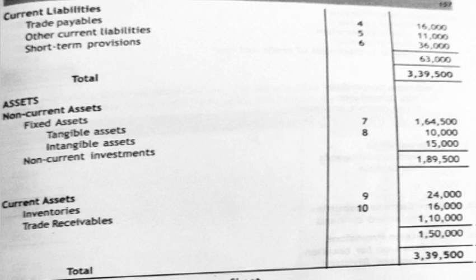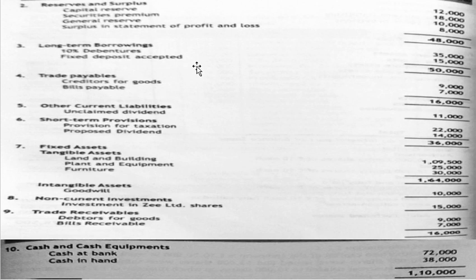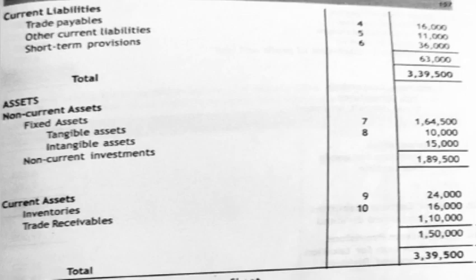Trade payables is working note 4, which is 16,000, other current liabilities working note 5, which is 11,000, and short-term provisions working note 6, which is 36,000. These give you 63,000, the total of your current liabilities.